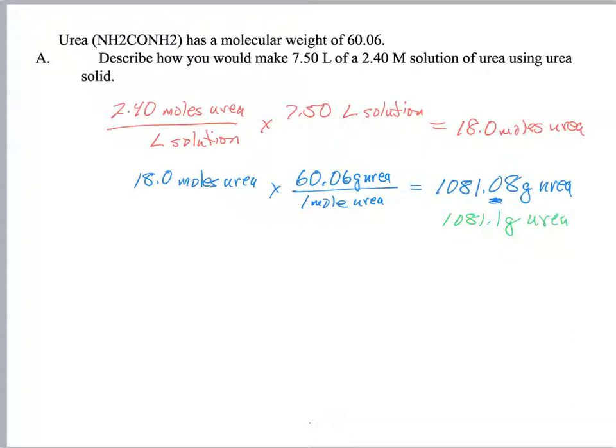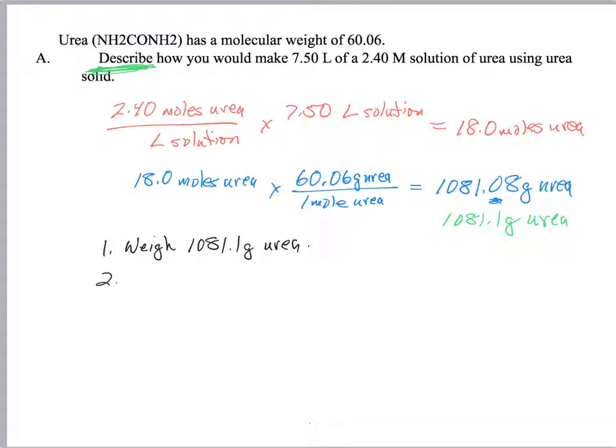Okay, so what would we do? Because the question asks us to describe. So how would we describe this? One, we would weigh, or mass, as some people prefer, 1,081.1 grams of urea.